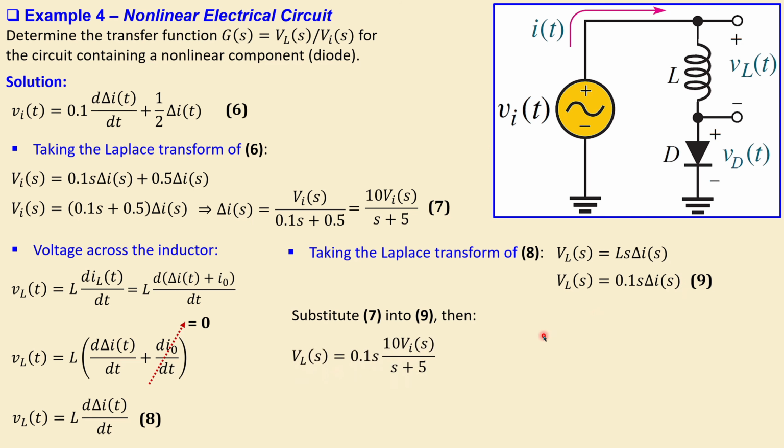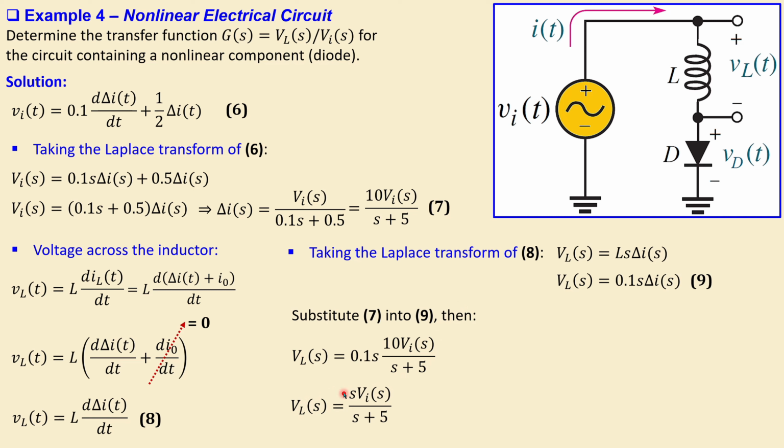Then this will result. So 0.1 s times the 10 V_I over s plus 5. What you get is then s in the numerator, or 0.1 s actually, times 10 will be just s times V_I over s plus 5. And this is then almost what we want, because we want to have V_L over V_I.